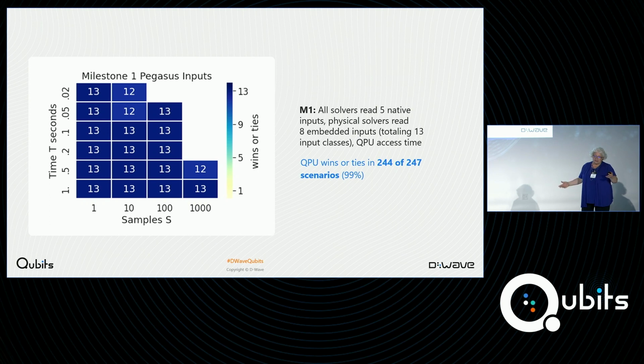And the answer is nearly all of them. There's a couple places where one of the GPU solvers did better, but they were all very tight in that case. So here's milestone 1, where we're seeing the QPU winning or tying in 99% of the scenarios, and we consider that a demonstration of the milestone with respect to this particular type of performance.